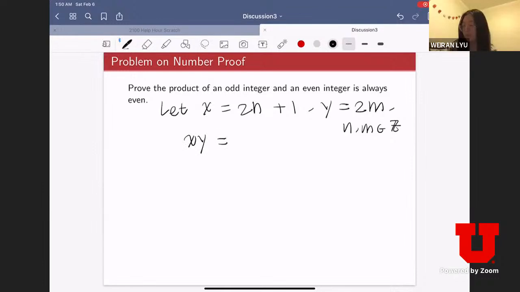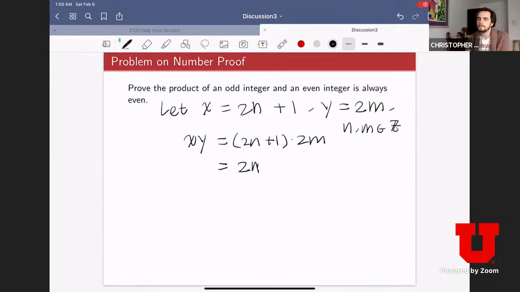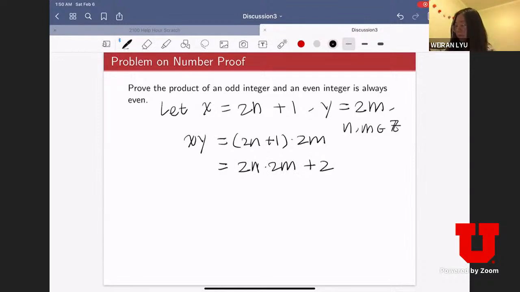Okay, so we start with x times y. You're just gonna do the algebra, right? That's basically right. Multiply this, and that's 4mn plus 2m.